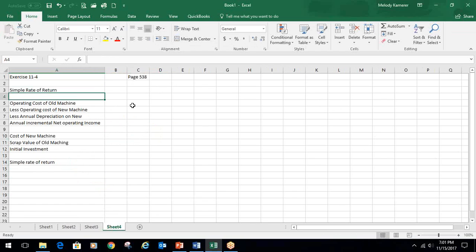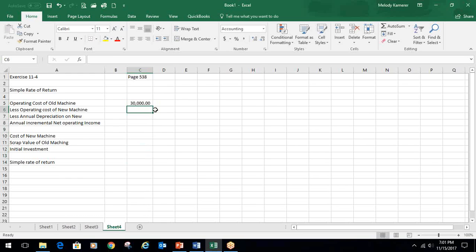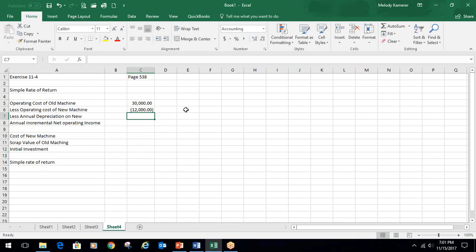So first of all, we're going to look at the operating cost of the old machine, and we were told that was $30,000. Now, the operating cost of the new machine is $12,000, and you see our equation tells us less the operating cost of the new machine and less the annual depreciation. Well, let's see. The problem didn't tell me any depreciation.